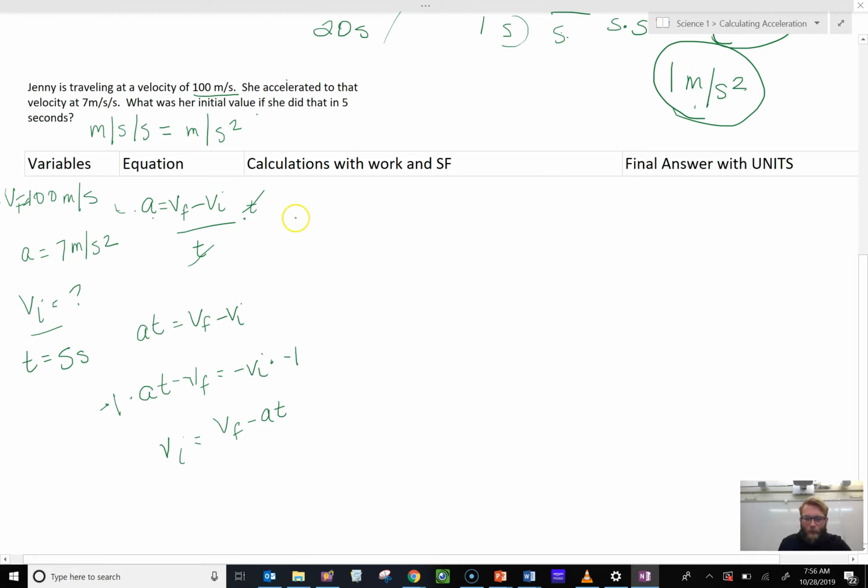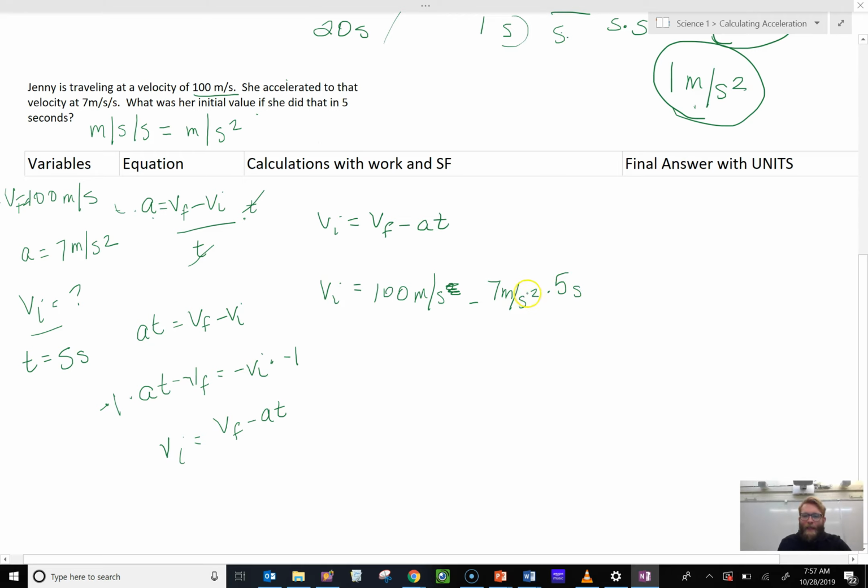We're going to start by writing out what we know. Our equation is VI equals VF minus a times t. So VI will be equal to our final velocity, 100 meters per second, minus 7 meters per second squared times the time, which is 5 seconds.